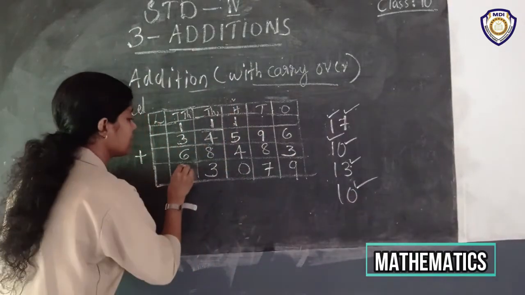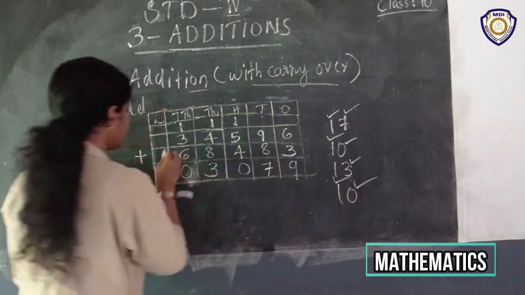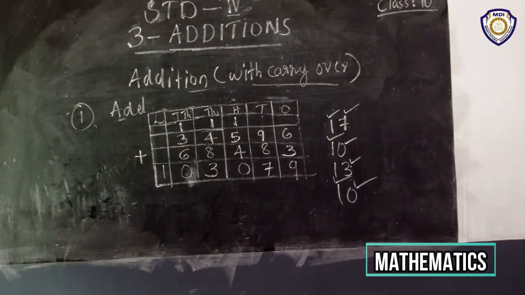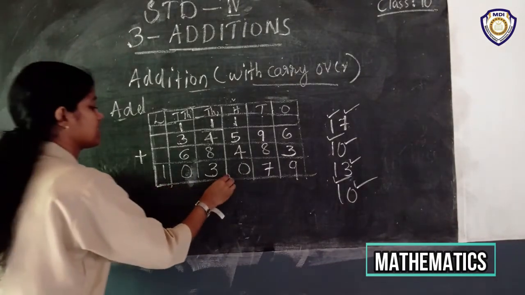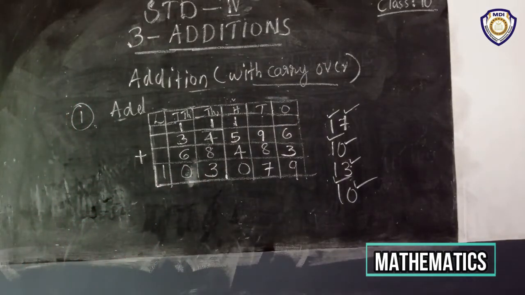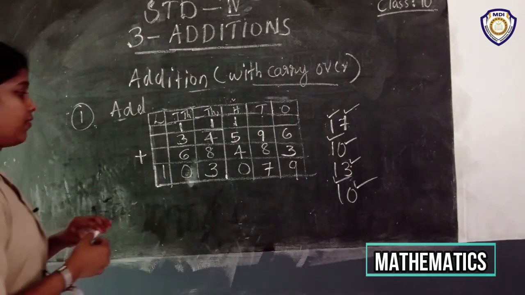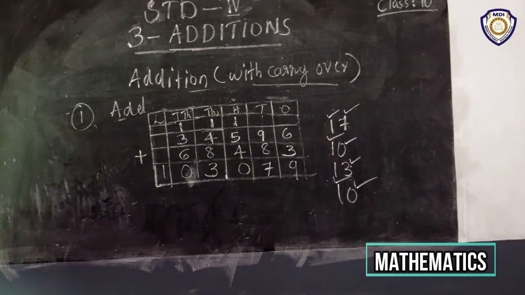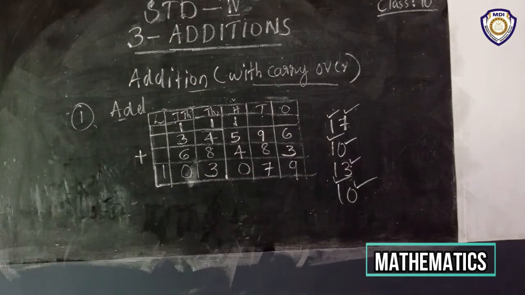Right, 0 is here. Then 1 is carried to the lakh place. Answer is 1,03,079. 1,03,079 is the answer. Okay. Write it.